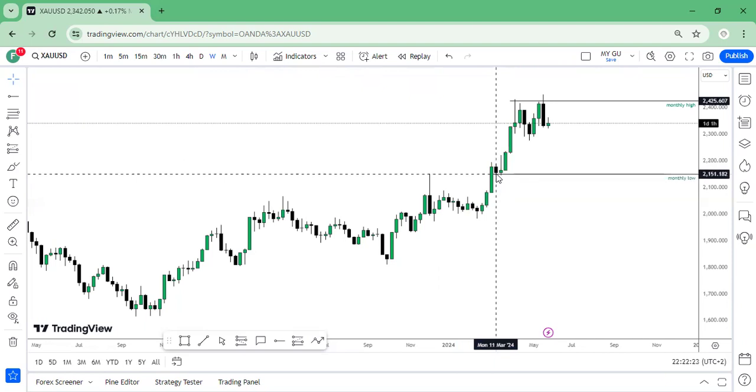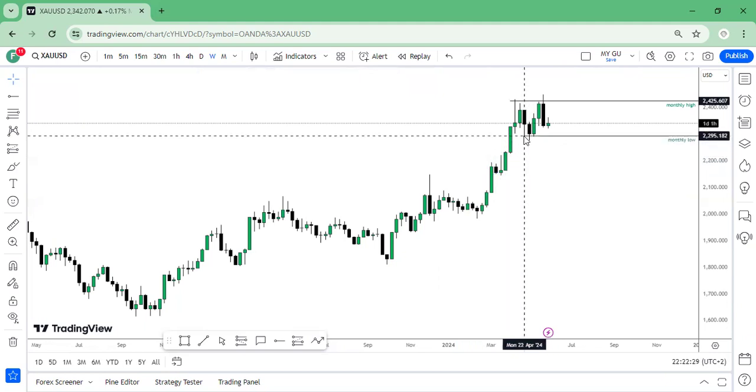So you would be putting your zone over here. However, in this moment, we are looking at this zone, because before price reaches this zone, what does price have to do? Price has to break this zone.